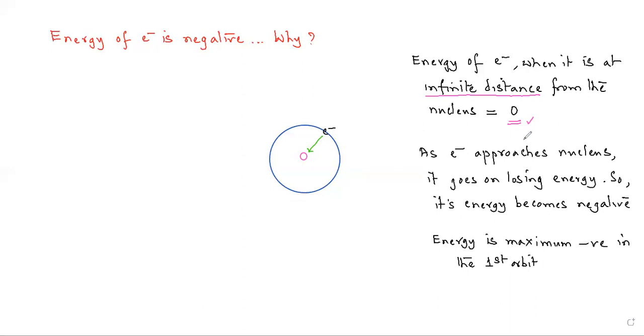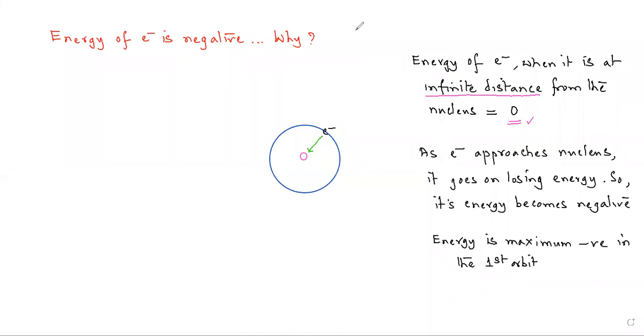When it is far away from the nucleus, its energy is taken to be zero. But as it approaches the nucleus, since it goes on losing energy, it goes on becoming negative and negative. Finally it becomes maximum negative in the first orbit.